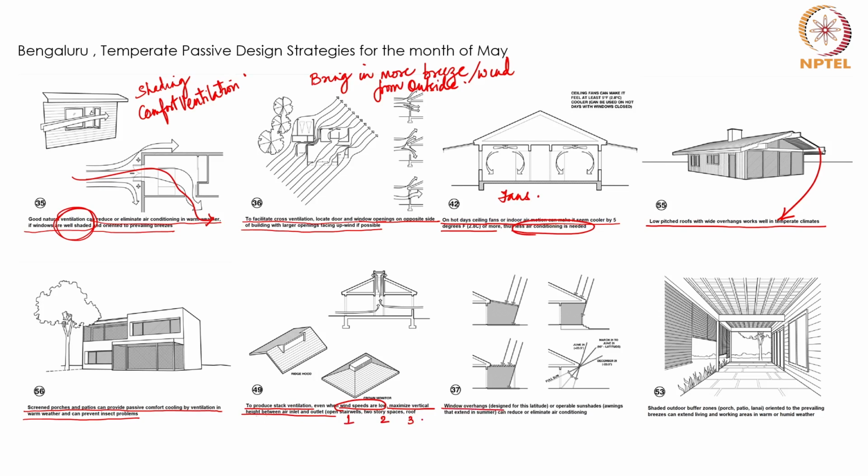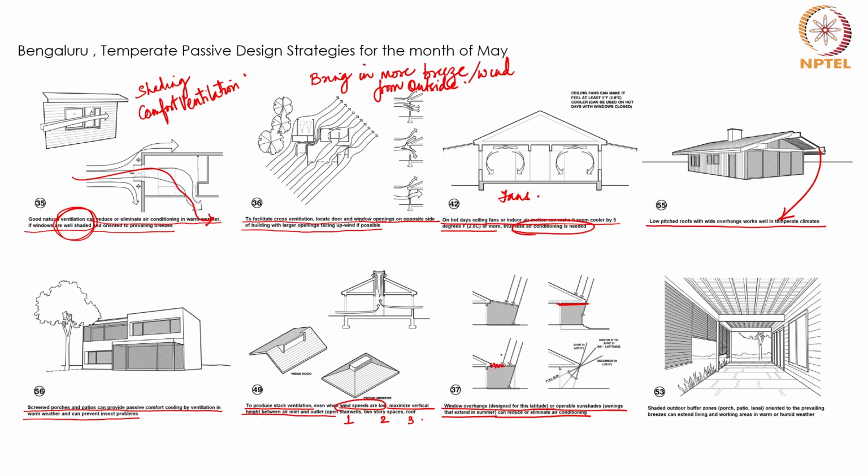Window overhangs should be designed appropriately for this latitude, or we can have operable sunshades like awnings that extend in summer and can reduce or eliminate air conditioning. So, either you design the shading device or you have movable awnings which you can extend based on the necessity.